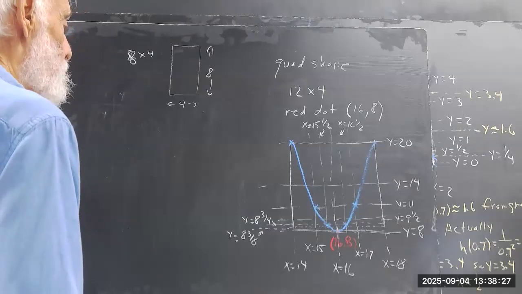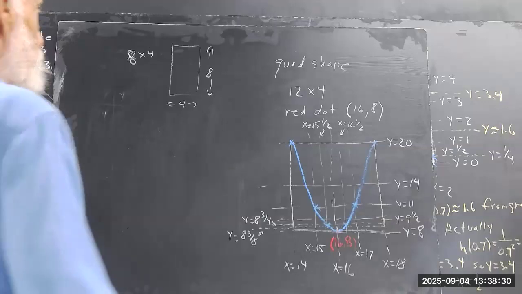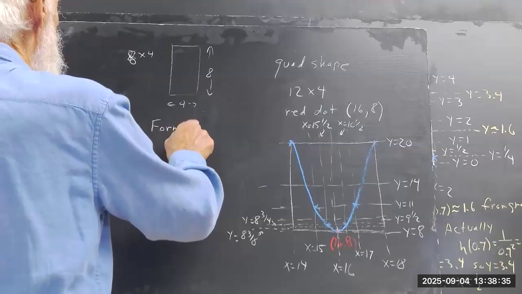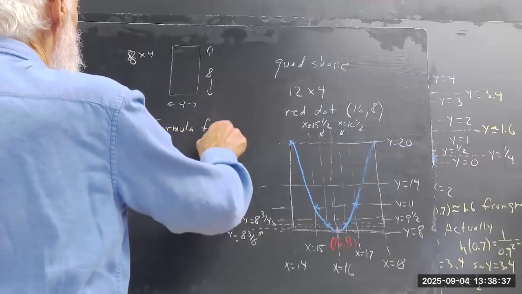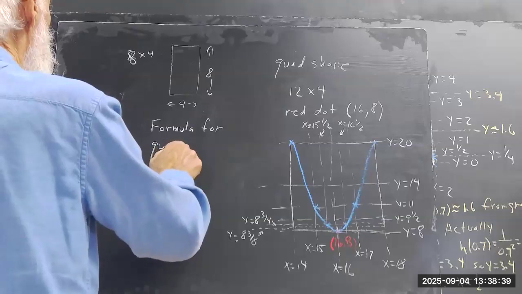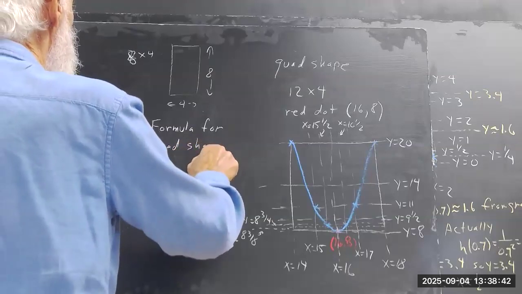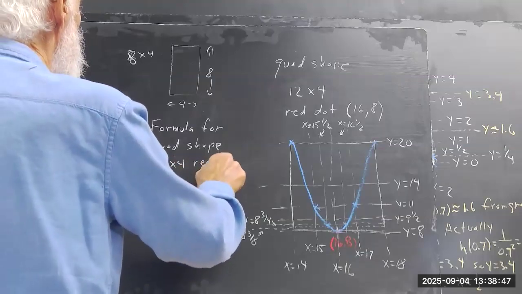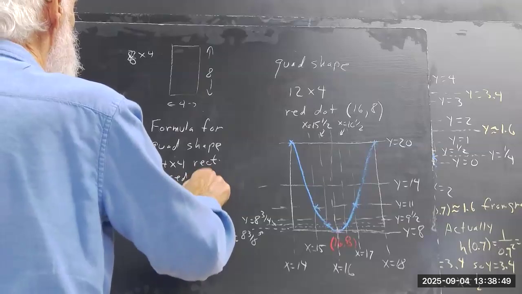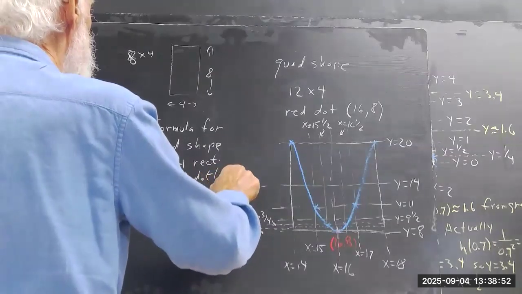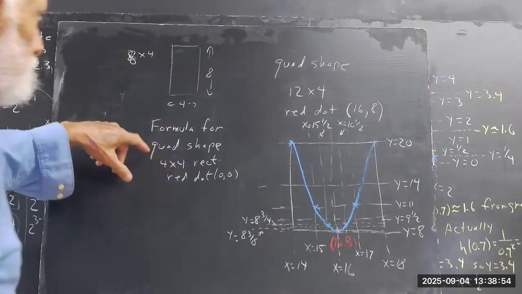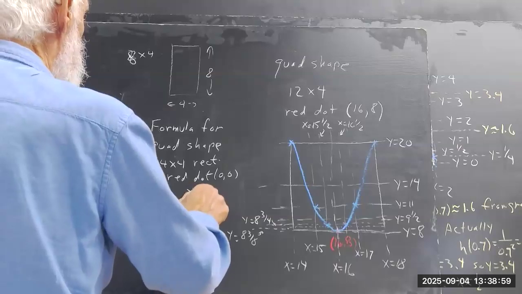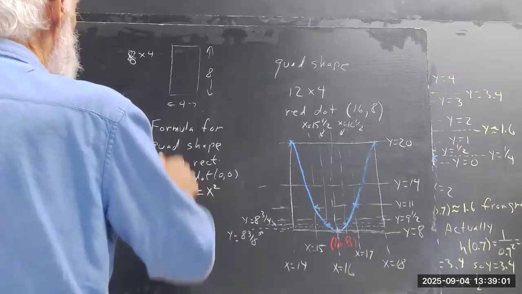Now, I'm going to tell you the formula for a quad shape, 4 by 4 rectangle, red dot at 0, 0. I've said this before. This formula is y equals x squared.